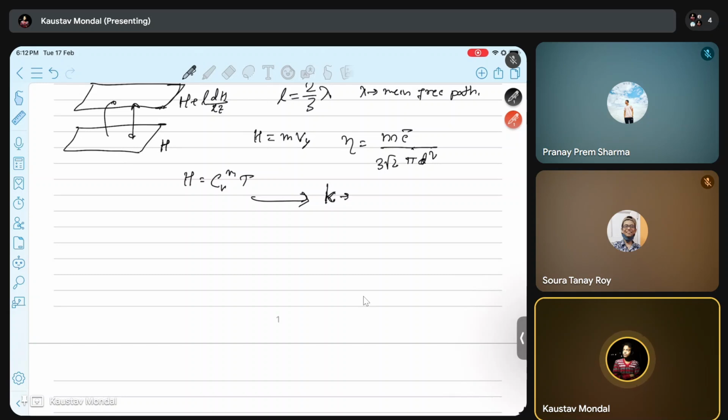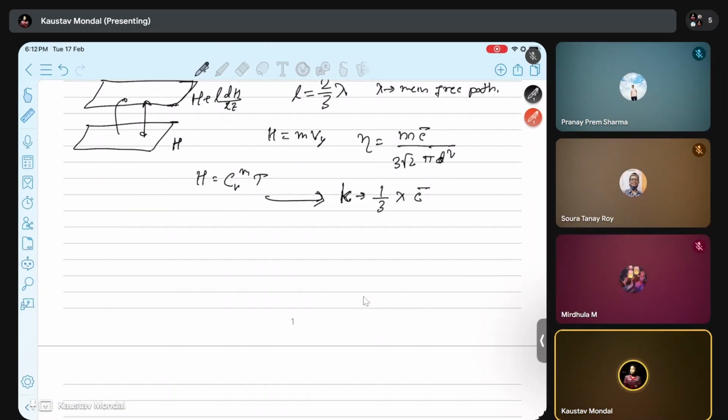This kappa is given by 1 by 3 lambda, sorry, n c bar cvm.